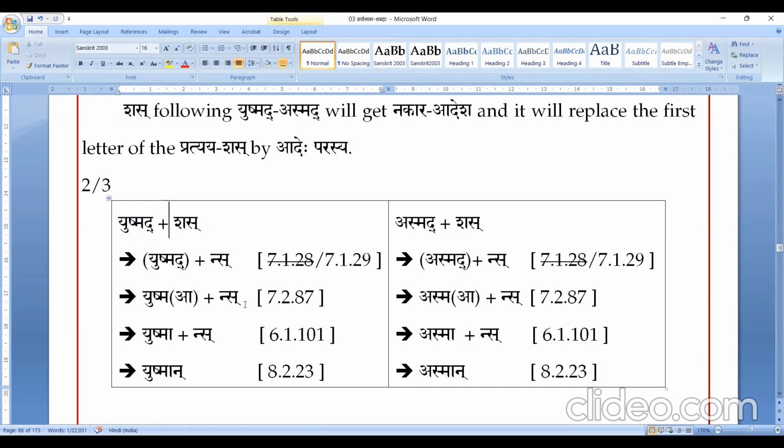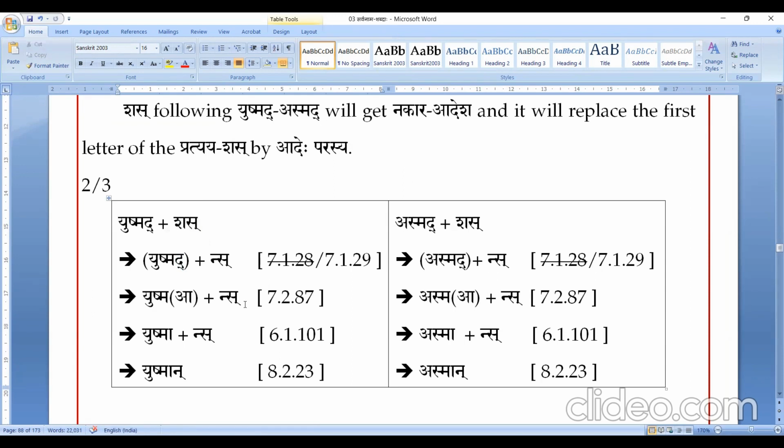The Vibhakti Pratyaya undergoing changes, Ye Pratamayogo, those things, so is replaced by etc. Other thing is the Anga undergoing change. Here, Yushmat plus Shas. Shas is the Pratyaya undergoing change, Akaradesha gets. Then Yushmat plus Ad, that is Yushmad, then gets Akaradesha by the Sutra Dvitiyayamscha 7 to 87.